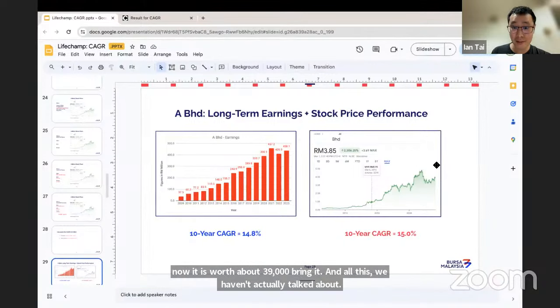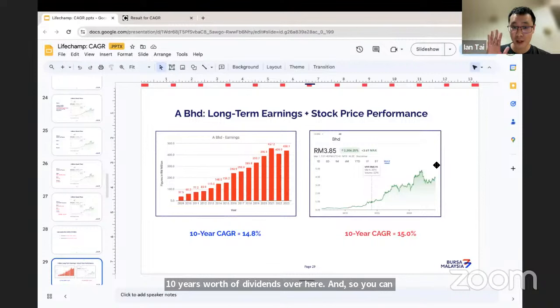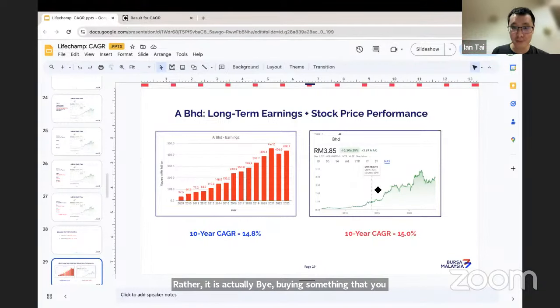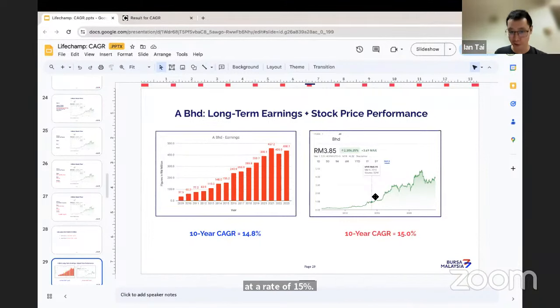And so you can see that in this case, the money in stock investing is not so much about trading. It's not so much about buying and selling. Rather, it is about buying something that you know is profitable, that you know is working. You know that the fundamentals are quite good, and you just sit on it and compound your money at the rate of 15% per annum, excluding dividends some more.